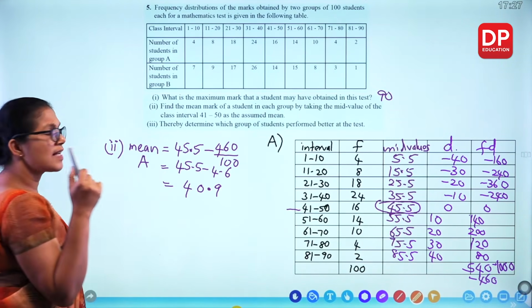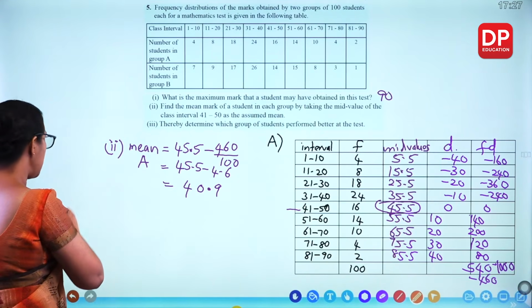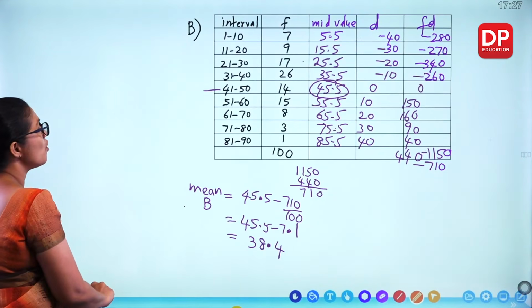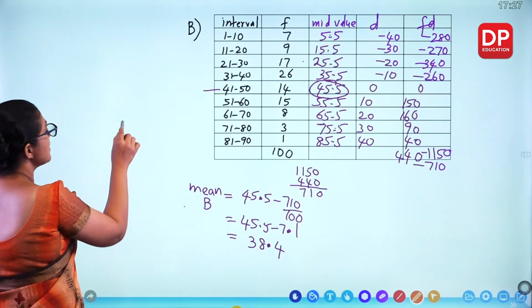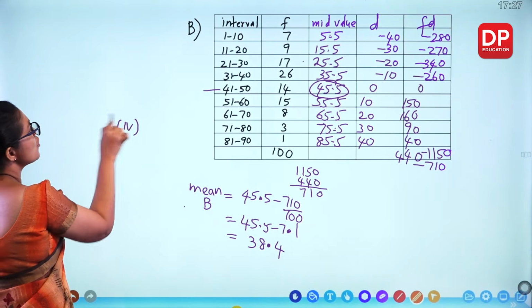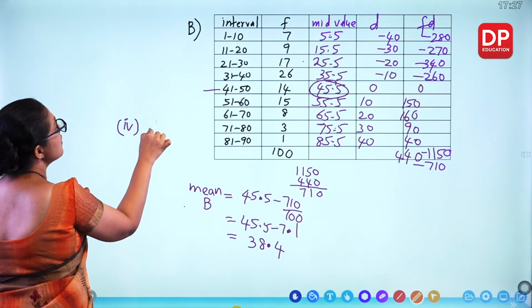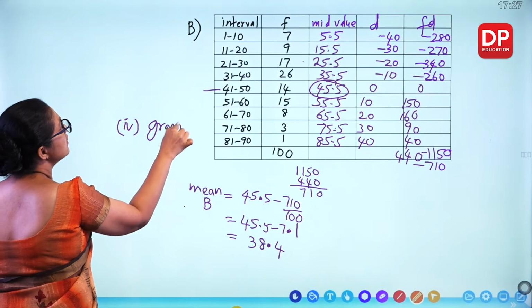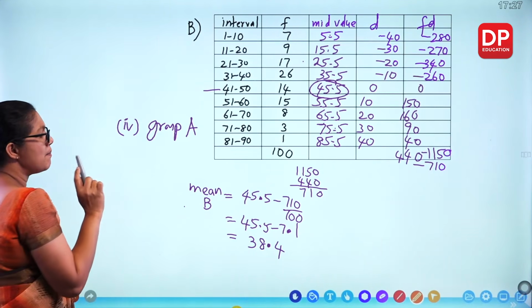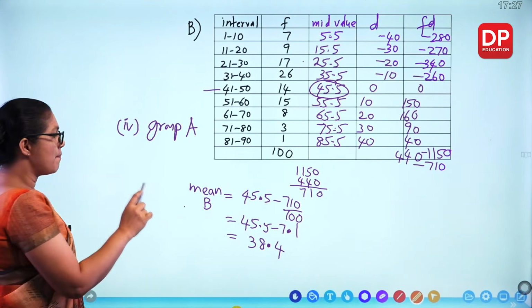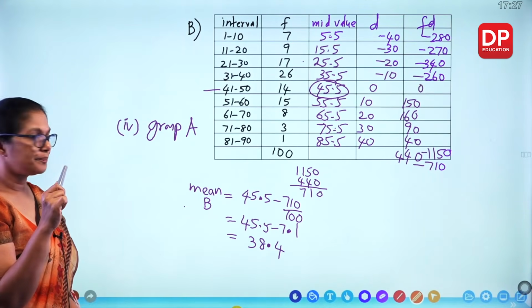Which mean mark is higher? The mean mark of A. So for the last part, the answer is: which group is better? Group A, because its mean mark is higher compared to the mean mark of B.